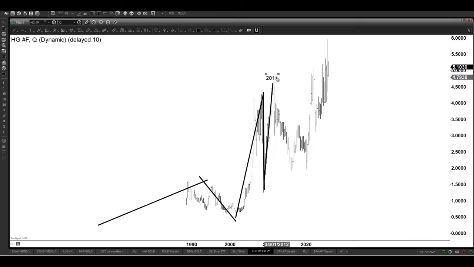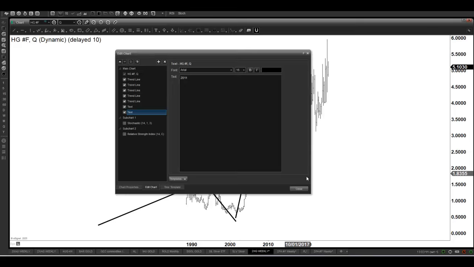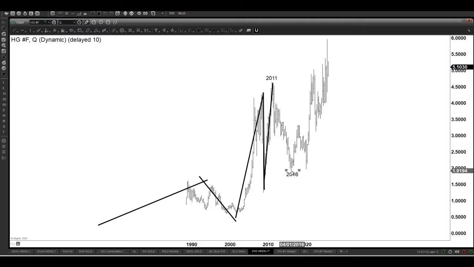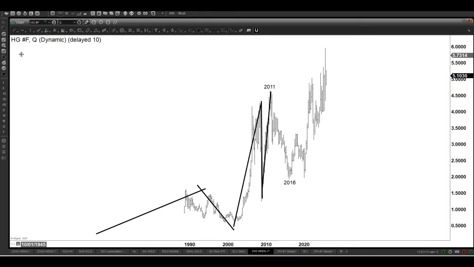It's a huge peak in the commodity group. And this is 2016, another huge low in the commodities group. Same then, copper is showing 1, 2. Important what I'm going to say now. 3, 4, and 5.